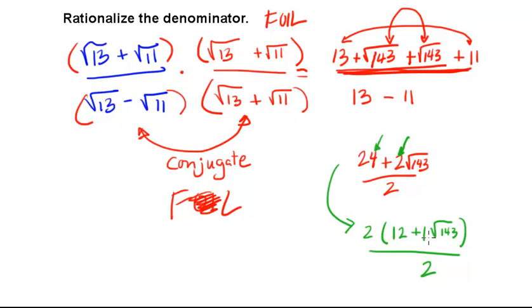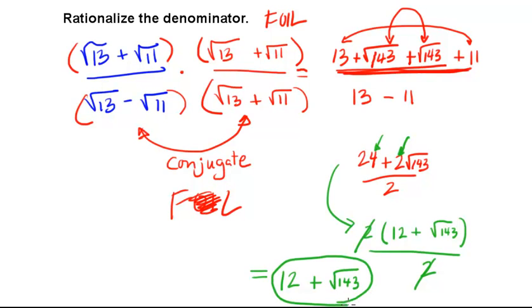I don't really need to write the 1. But I'm left with 12 plus 1 square root of 143, and now we can actually cross out this 2 in the numerator with this 2 in the denominator, giving us our final answer of 12 plus really a 1 if you want to write it there. I don't think there's anything wrong with that, plus the square root of 143. So there's our final simplified answer for rationalizing this denominator.